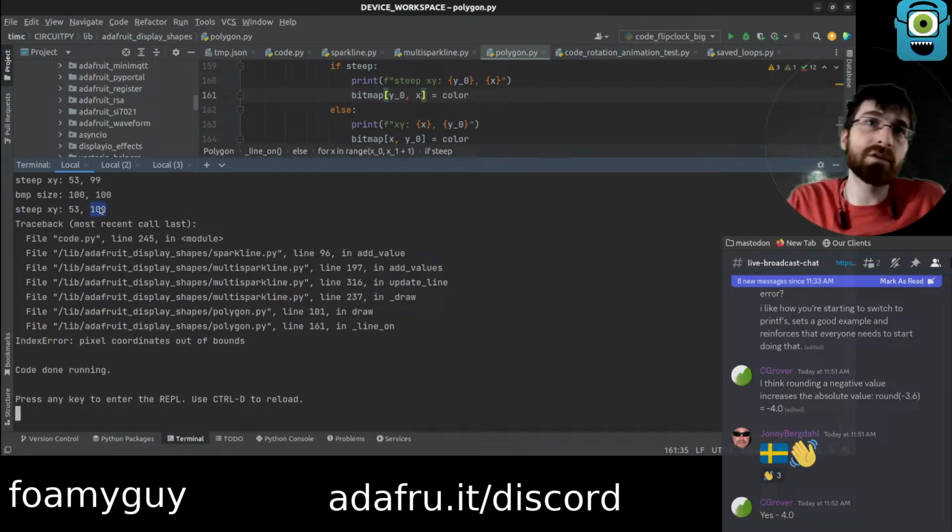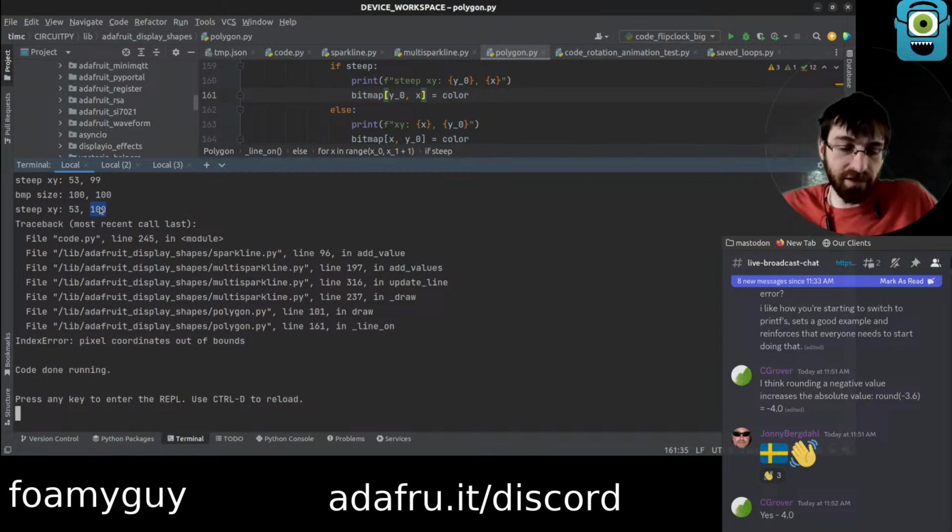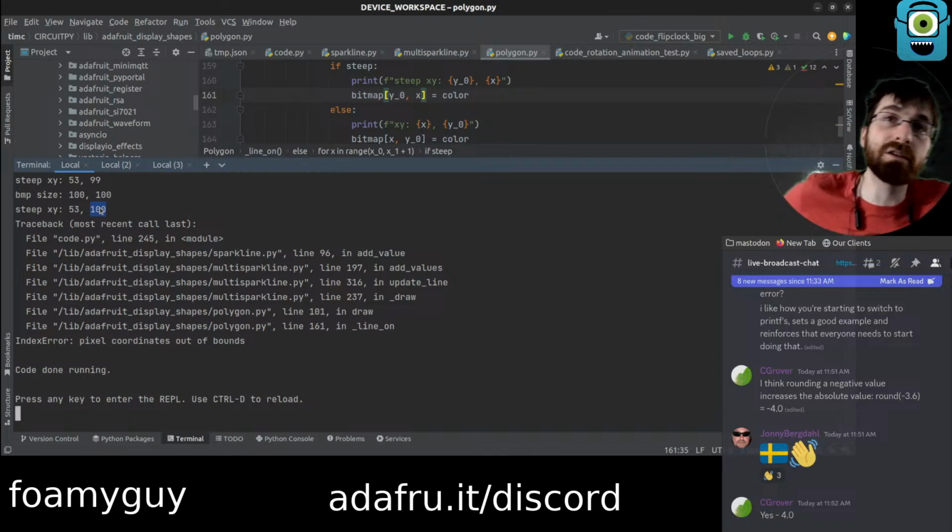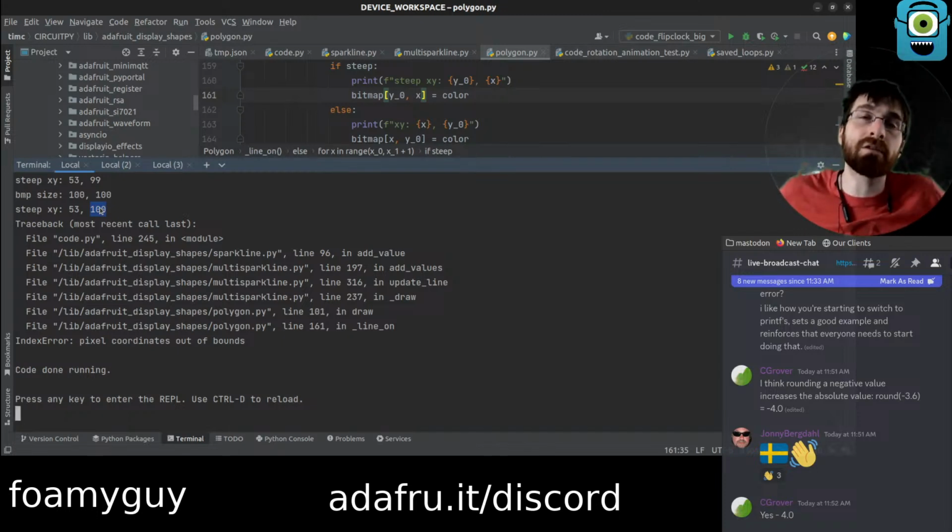So this one failed on the high side. It tried to access 100. That one feels like it could just be off by 1, no problem. But the negatives feel like some logic that's translating the value on the sparkline chart into the pixels is not working correctly in a fundamental way. Whereas this one feels like it could just be off by 1, because we're always failing so far on the high side.